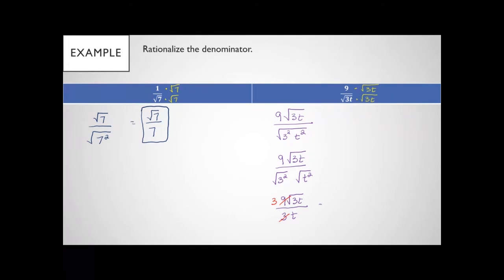You can only cancel if they're outside. So when I simplify this, I'm left with 3 times the square root of 3t over t, and that is rationalized. So again, those t's can't cancel because one's inside the square root, one's outside.